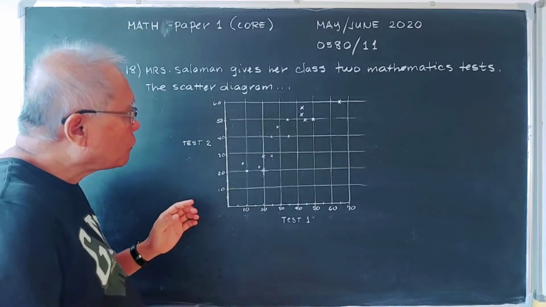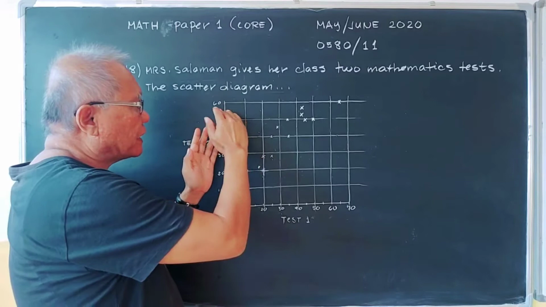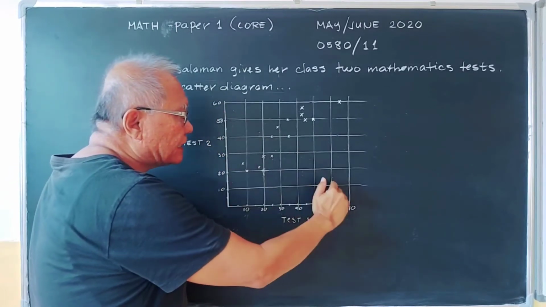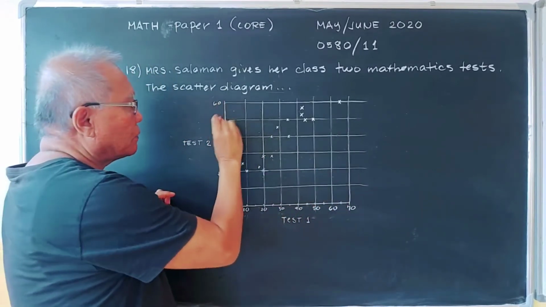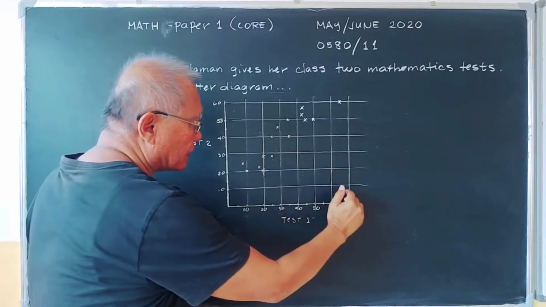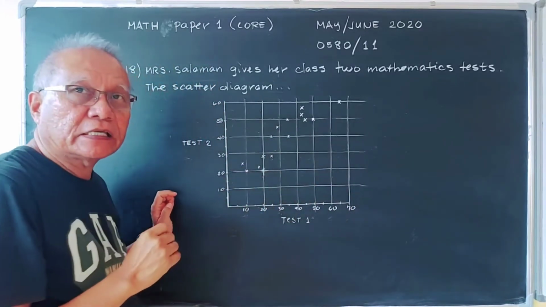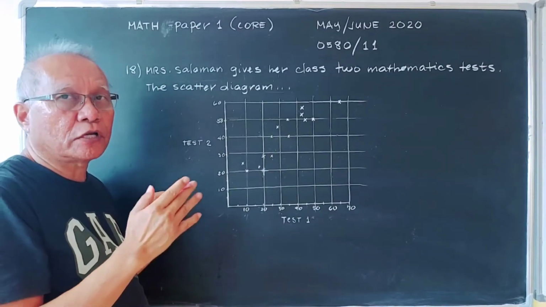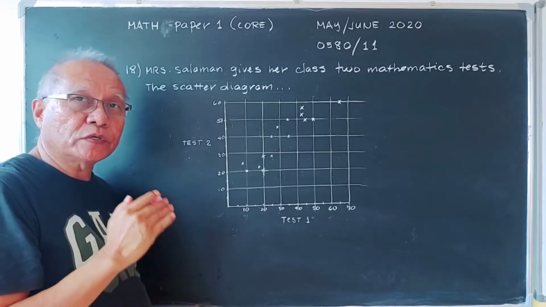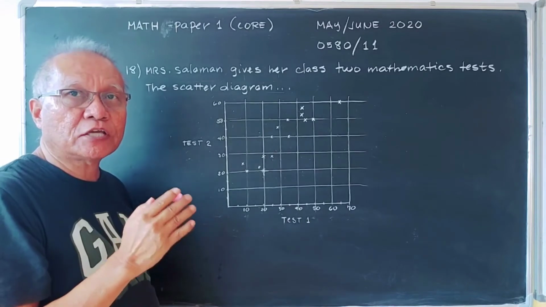Now, if our points are arranged such that we can draw a line slanting to the left, like we have points scattered like this, that is a negative correlation. What do we mean by negative correlation?